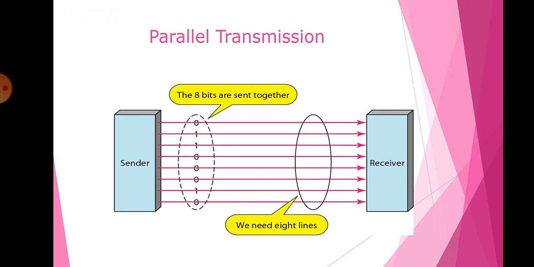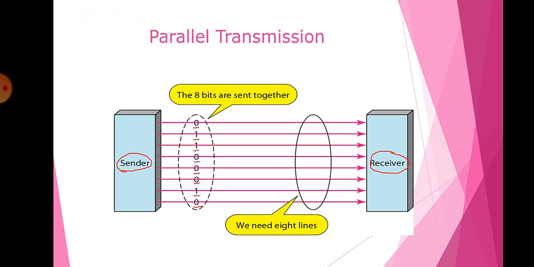The diagram shows the parallel transmission mode. We have the sender node and the receiver node. Suppose we want to transmit the data pattern 0, 1, 1, 0, 0, 0, 1, 0.